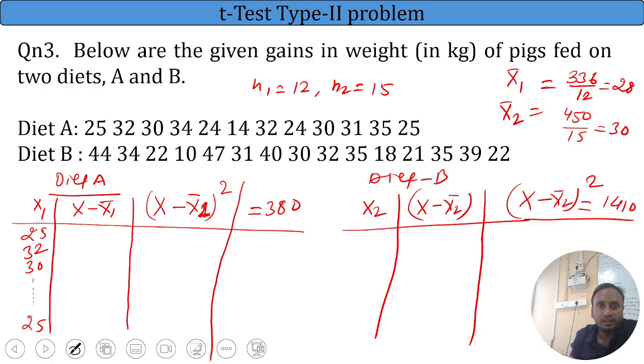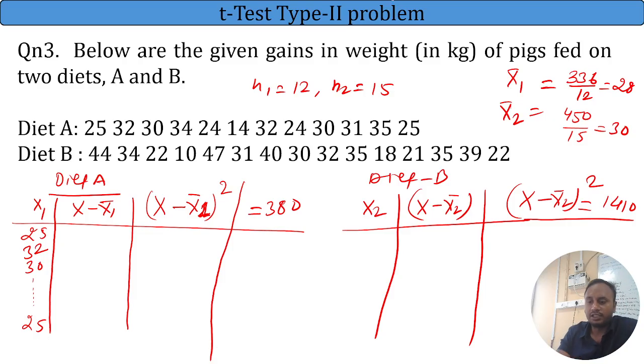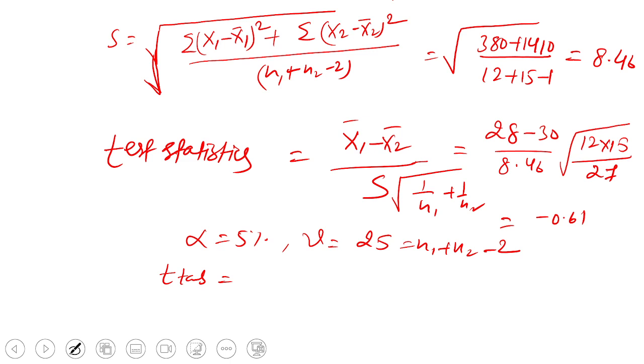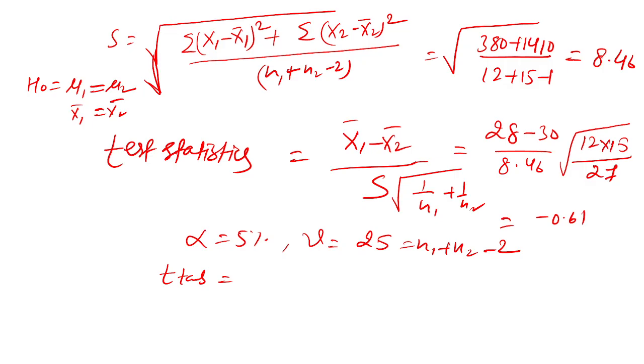The hypothesis is whether diet 1 and diet 2 have the same effect or not. We're not saying that one is more effective. So H0 is mu1 equal to mu2, or maybe x1 bar is equal to x2 bar. The alternate is x1 bar is not equal to x2 bar.